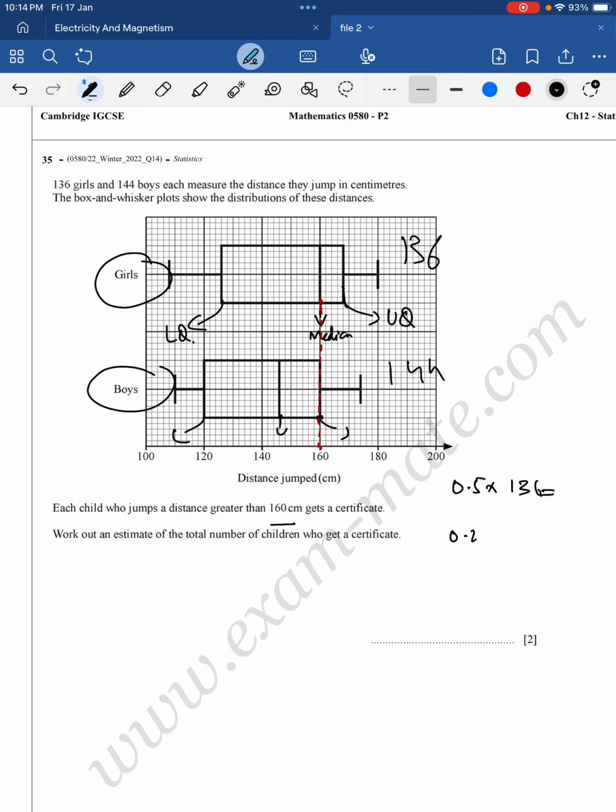So 0.25 multiplied by 144, that is boys. Calculating both, 0.5 multiplied by 136 is 68, and 0.25 multiplied by 144 is 36, and 68 plus 36 is 104. I hope that's clear.